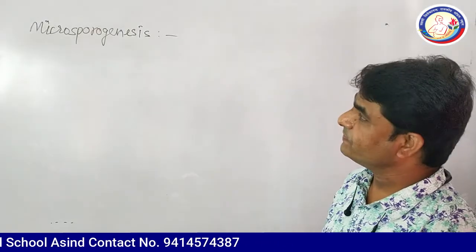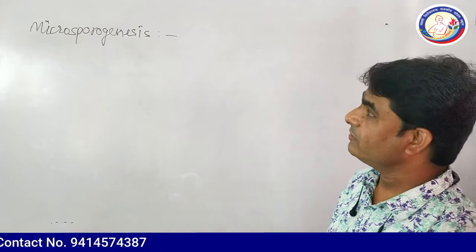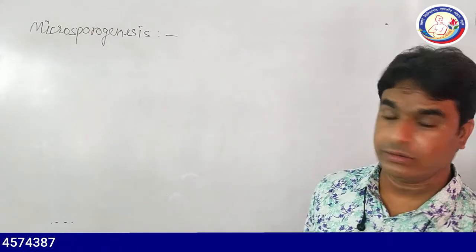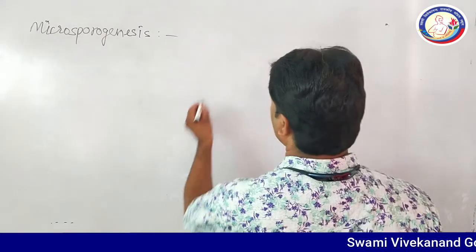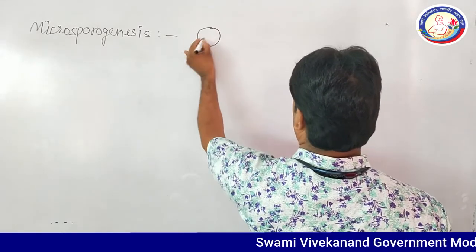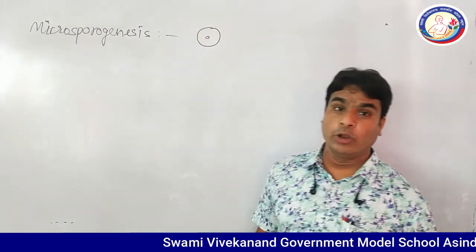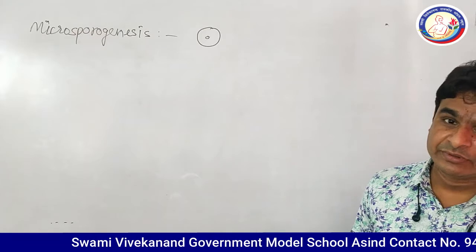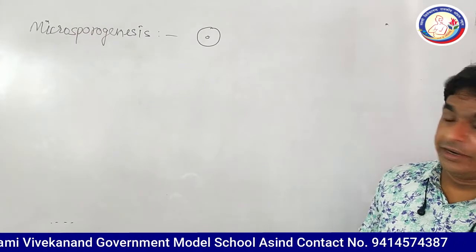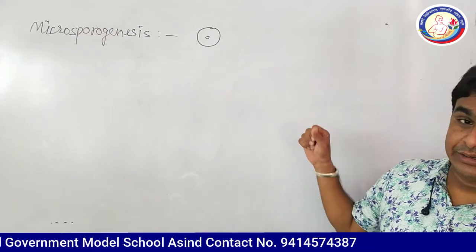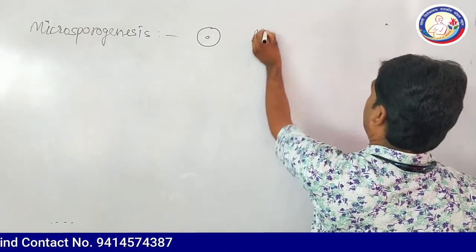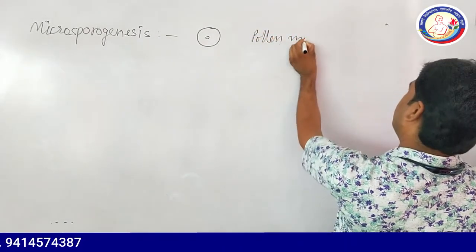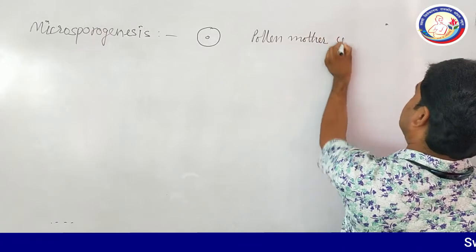So students, the outline diagram of the microsporogenesis can be seen here. This is the pollen mother cell. Initially, it receives nutrition and undergoes meiosis. First of all, this is pollen mother cell.